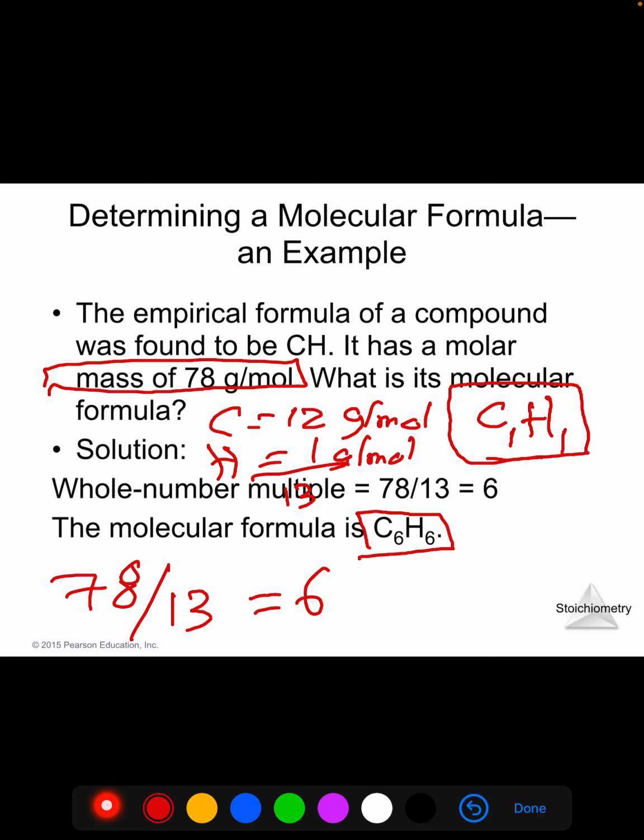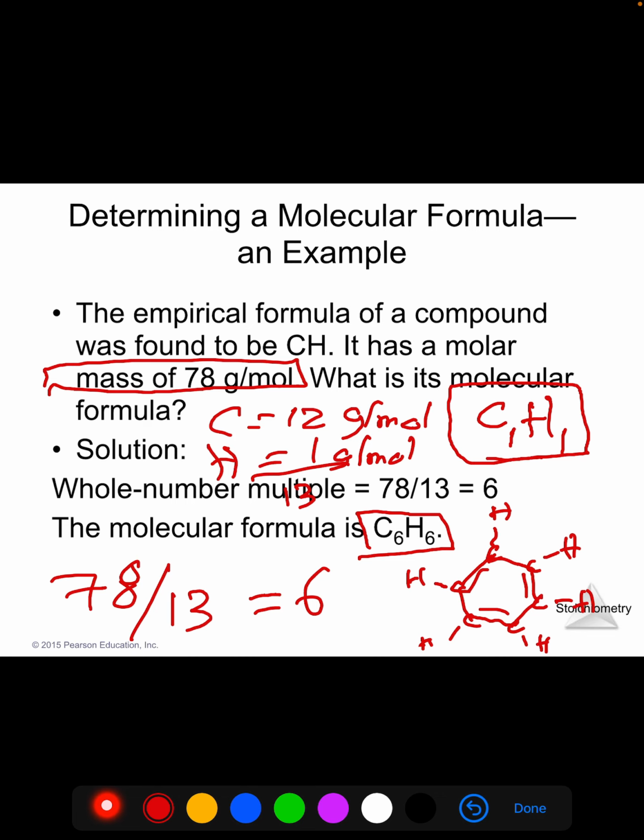And by the way, this is benzene. It's a ring structure of carbon. Each one of these vertices is a carbon atom, and hanging off of each carbon is a hydrogen. And this is the actual structural formula for a molecule called benzene. There are actually some double bonds in there. But that is a real compound.